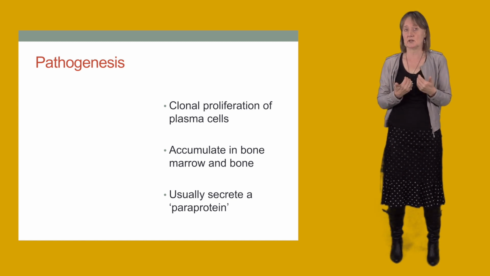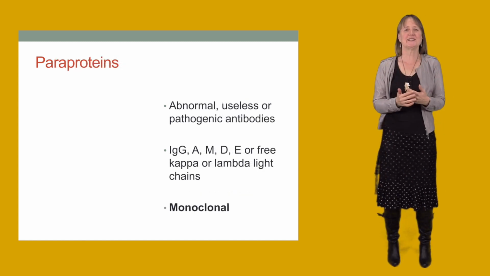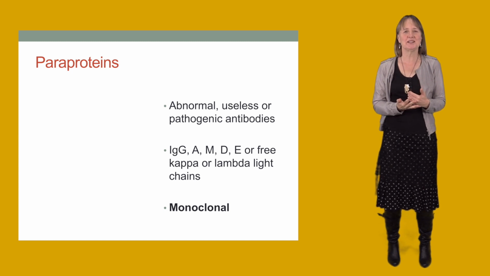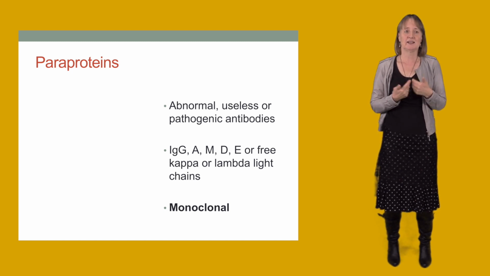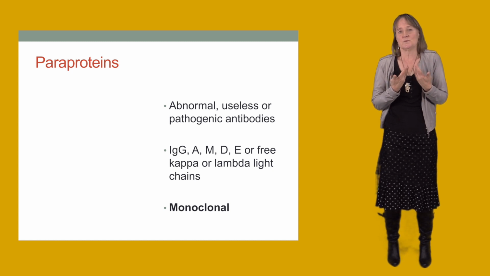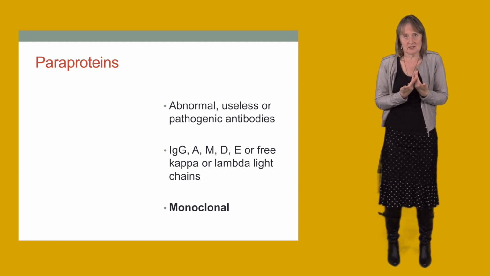is also clonal. It's probably worth spending just a little bit of time on paraproteins because this is something that causes a bit of confusion in general everyday clinical practice. So the paraproteins are clonal antibody-like proteins. They're not performing the usual function of antibodies.